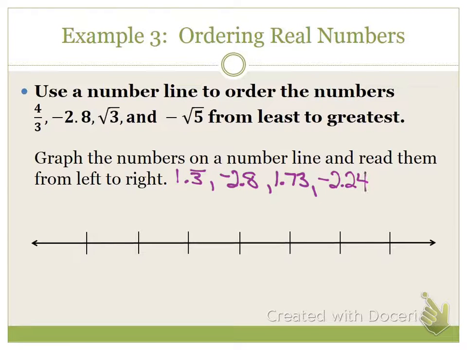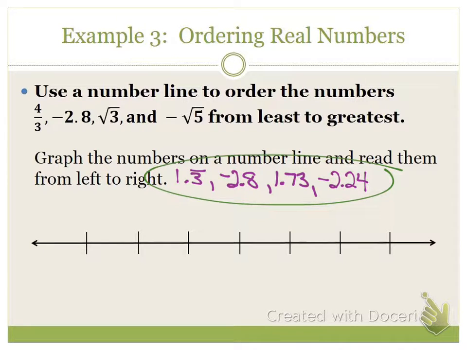So where should I start my number line? Should I start it at negative 10? No. Why not? I like the number negative 10, so why not start at negative 10? Because given the range of values here in my number set, negative 10 is a total waste of space, right? Because what's my lowest value? Negative 2.8.